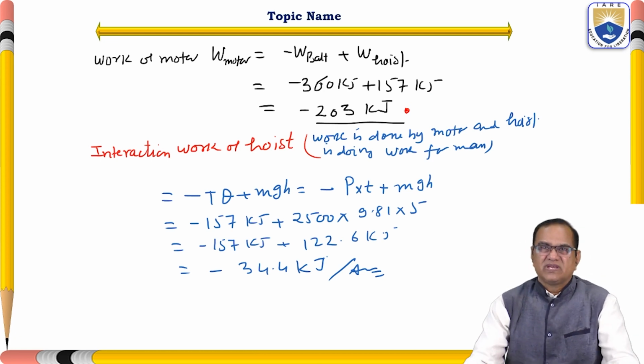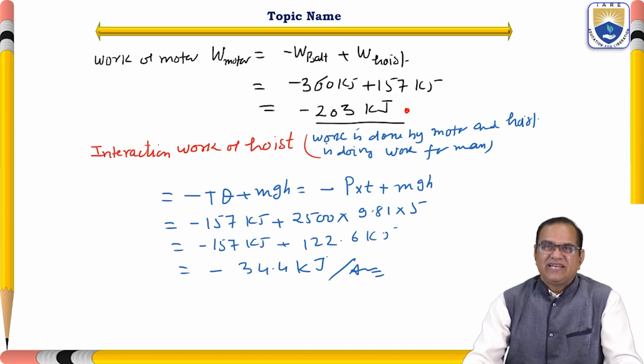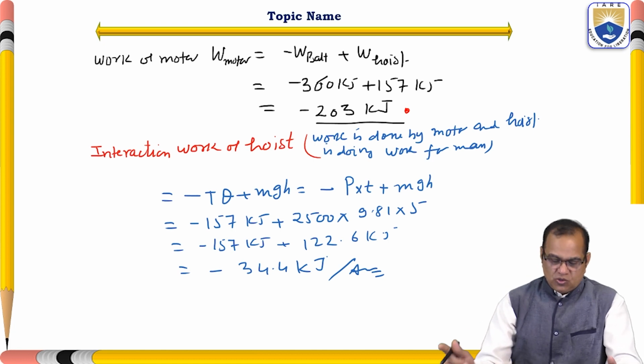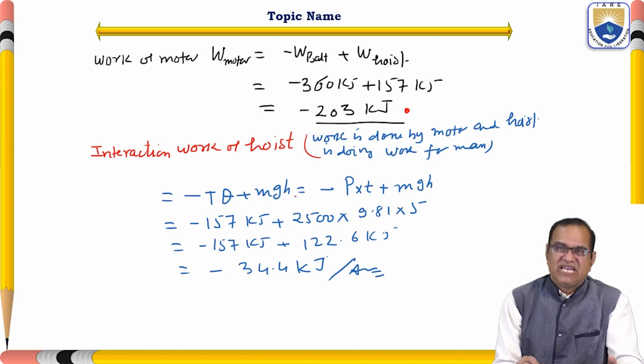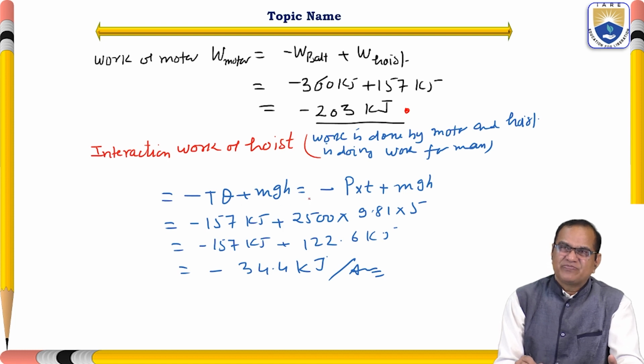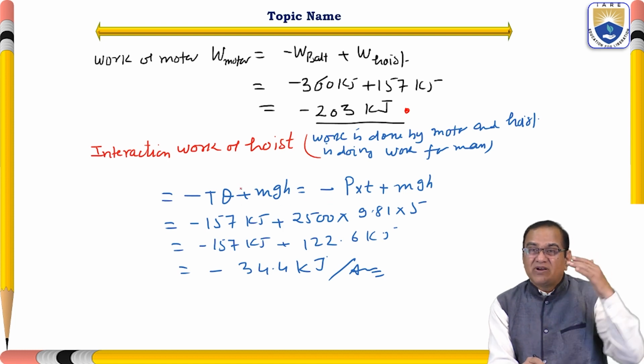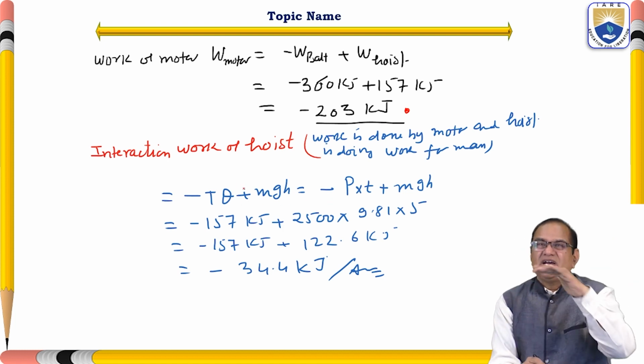Now, next we will see the interaction of work of hoist. So work is done by the motor and the hoist is doing work for the mass. So here we can see minus T into theta plus mgh. Minus T into theta, because this is going inside the hoist.